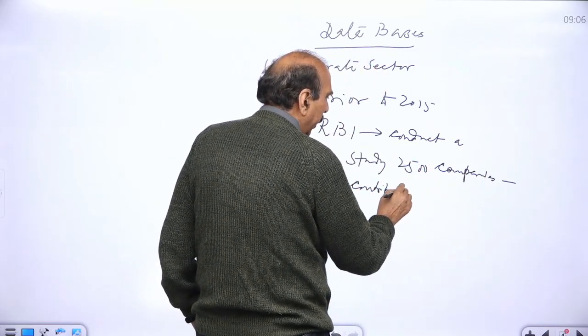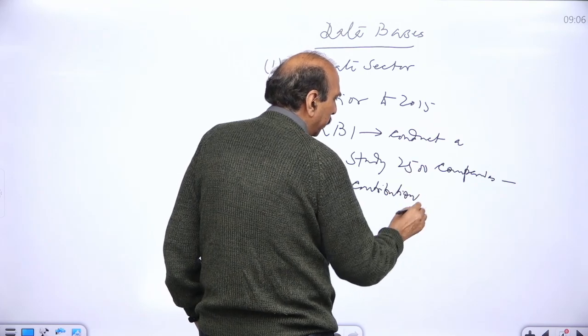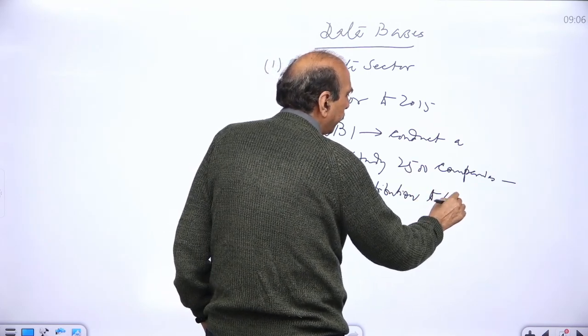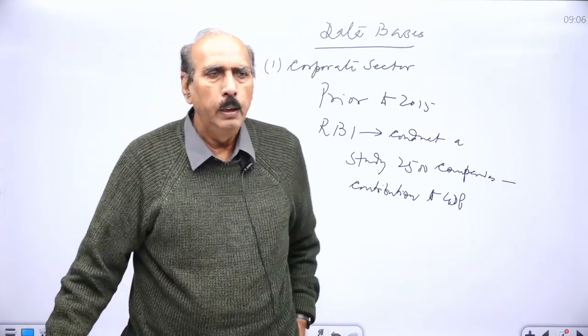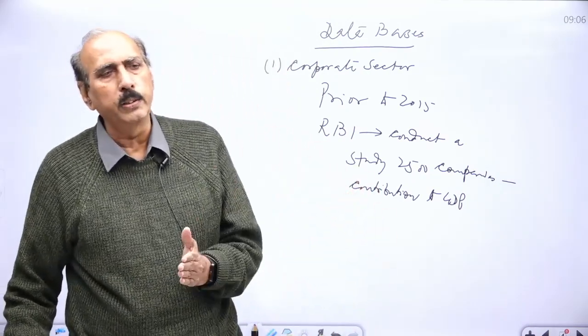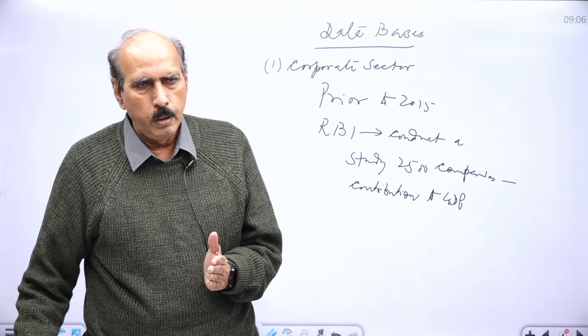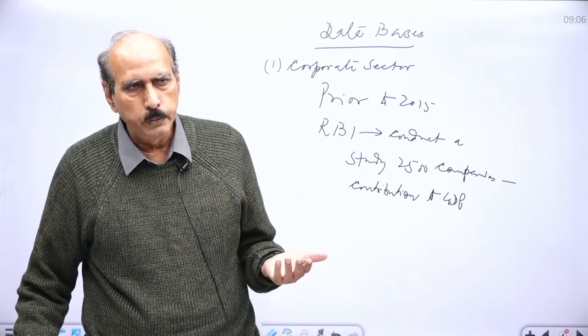They estimate the contribution of 2,500 companies to GDP. RBI used to do every year. This is adopted by the CSO by extrapolating it.